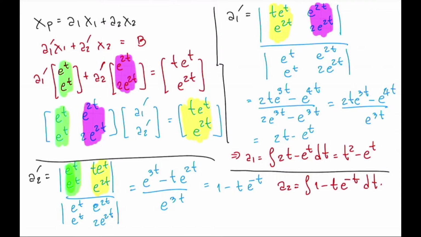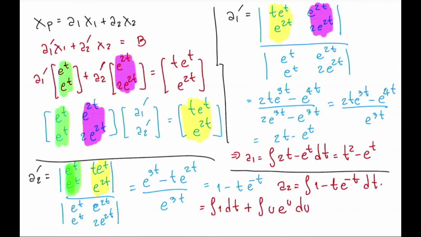That would be the integral of 1 dt minus, let's say plus, the integral of u e to the u du.